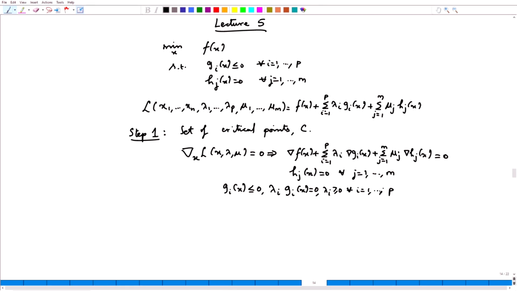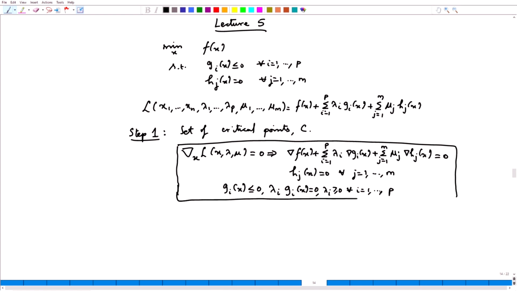Okay. So, this set of constraints that we have defined, right, these are called the Karush-Kuhn-Tucker conditions, or in short, the KKT conditions.